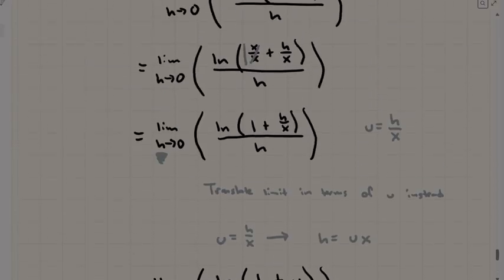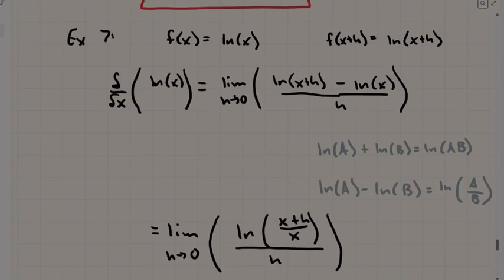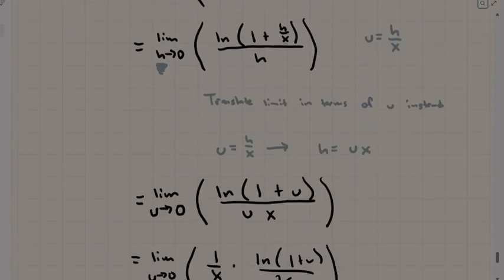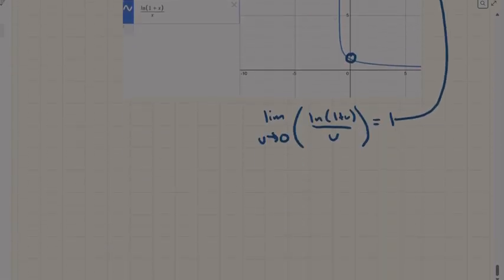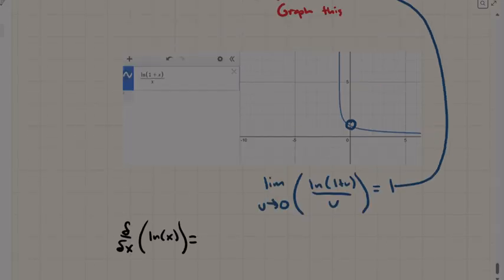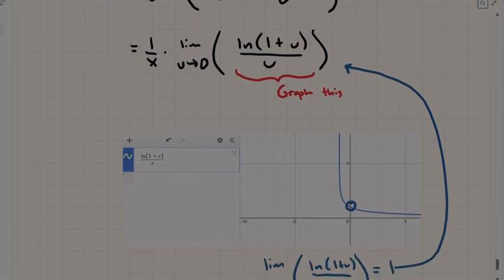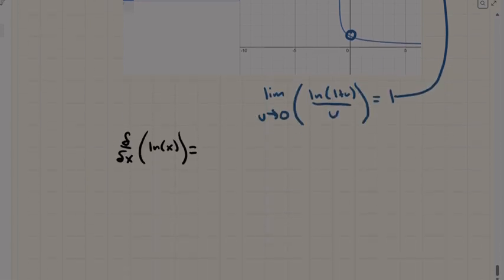And so in this problem, we're looking for the derivative of ln of x. Right, and we said that's just 1 over x times 1. And so it's just 1 over x.